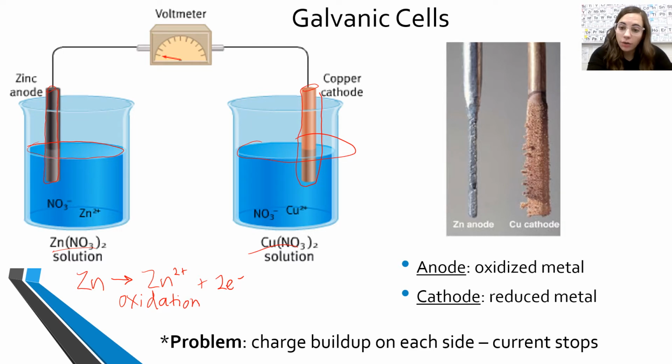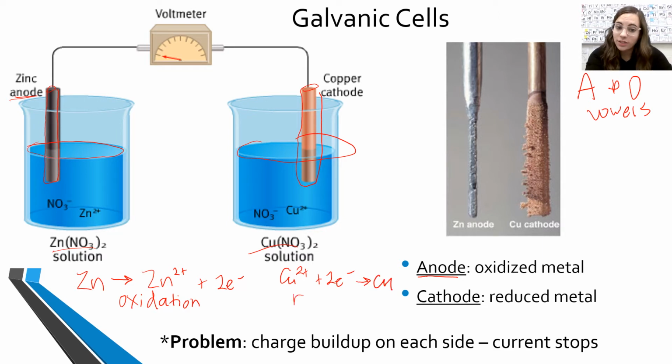So we call the metal that is oxidized the anode, so that's why you see it labeled anode. I like to remember this: A and O are vowels. So the anode is where oxidation occurs. So then, of course, what has to be happening at the other side? Reduction. So copper 2+ plus 2 electrons makes copper.